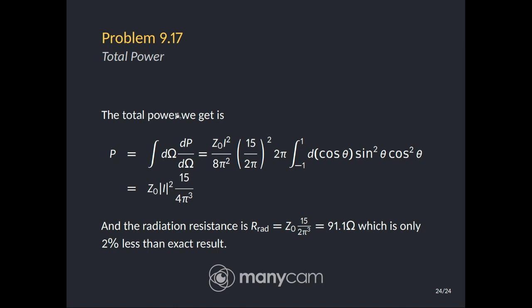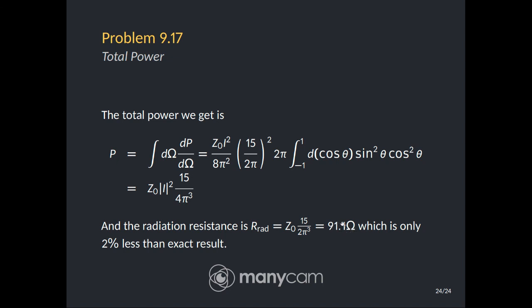And the total power we get from this angular distribution is equal to Z0 times I squared times 15 divided by 4 pi cubed, and the corresponding radiation resistance is equal to Z0 times 15 divided by 2 pi cubed, which is equal to 91.1 ohm.